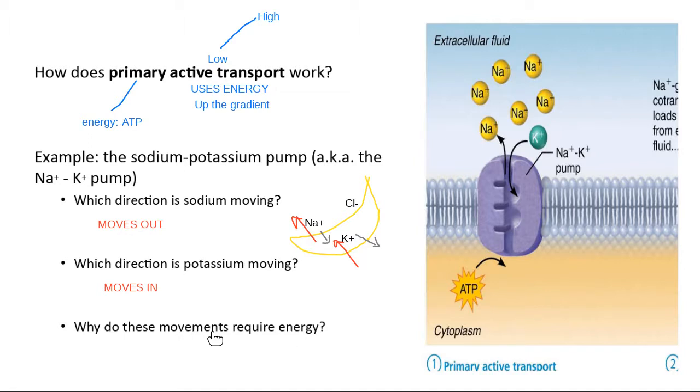I need energy to move both of these things the way that they're going. So the energy I have to use is ATP. In primary active transport, I've got to use ATP to move things because both of my things move uphill. They're both going from low to high.